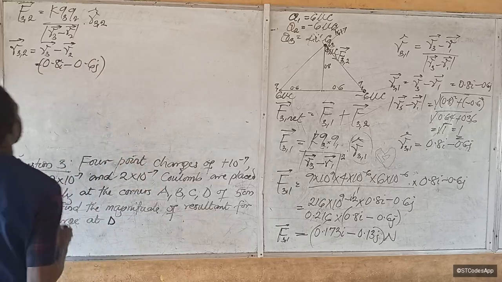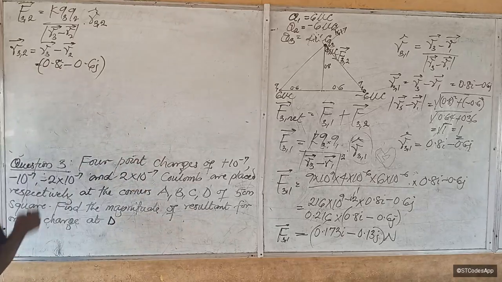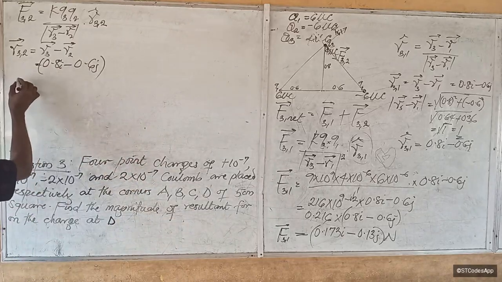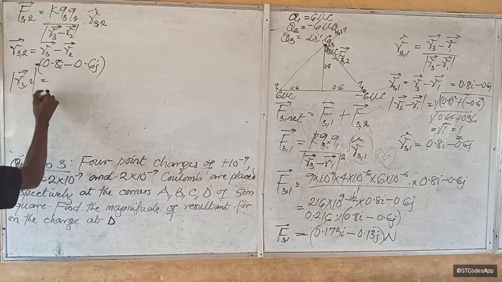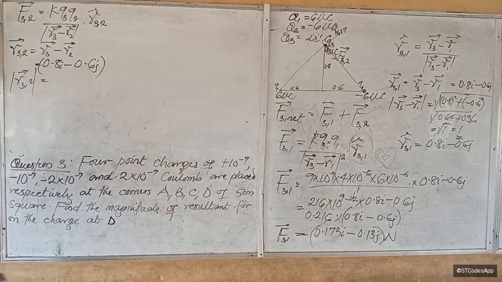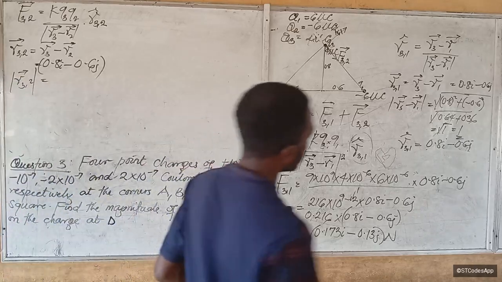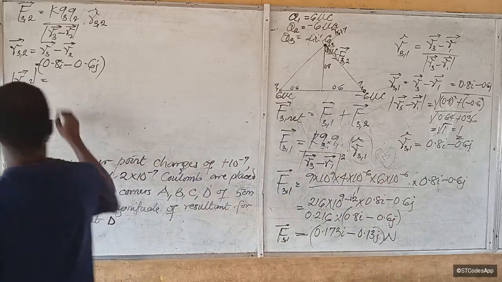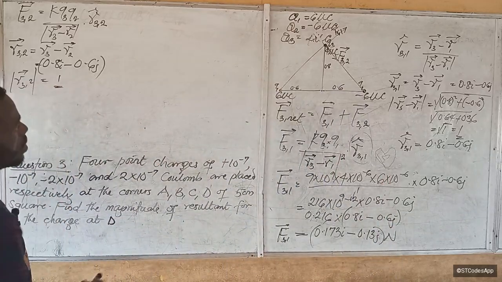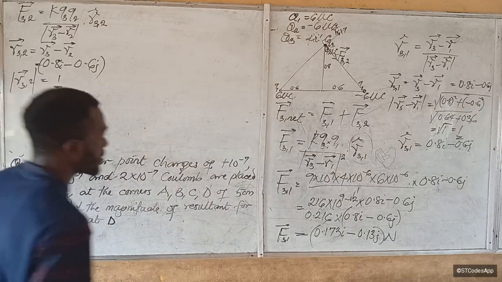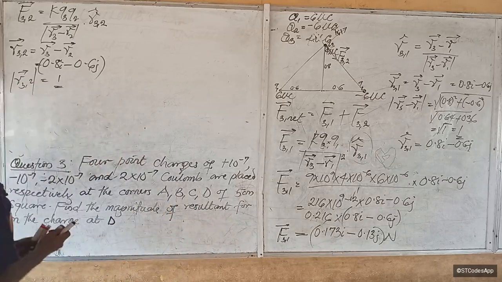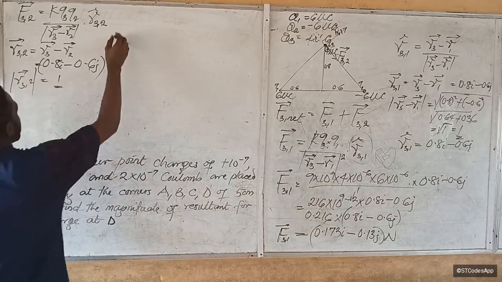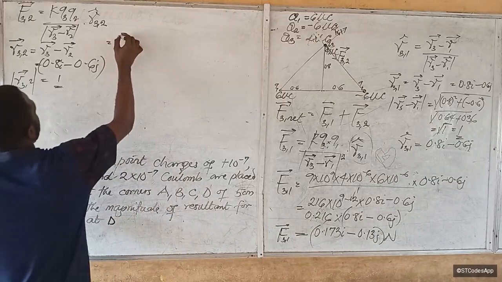Then the absolute value of this will be equal to, this is the same thing. Why is it the same? Yeah, we are giving the same distance. All right, let's keep going.